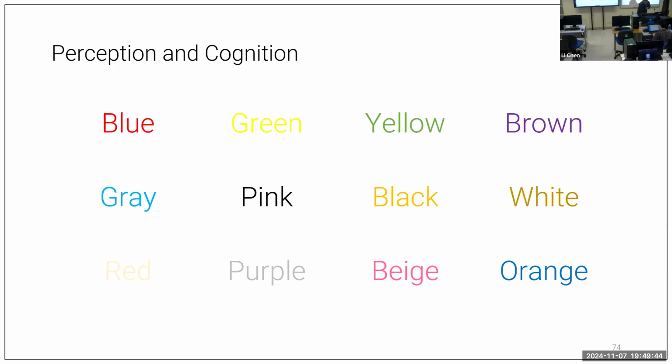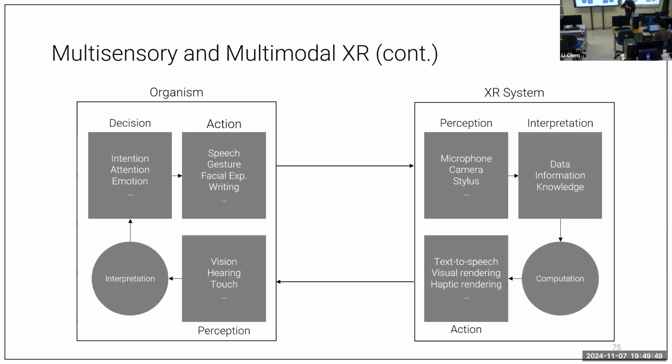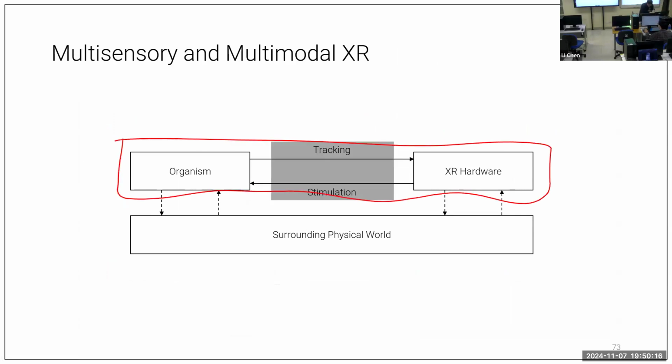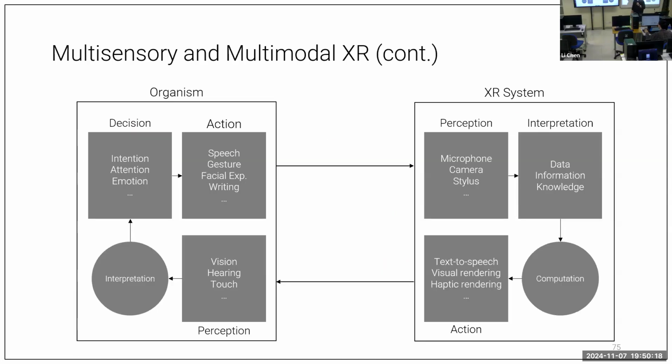So of course, this is a very interesting experiment for you, but what are the insights? What are the possible contributions that understanding these concepts, perception and cognition, can make to help you understand the design of multisensory and multimodal XR? So we just enlarge this part, and then you have this picture like this.